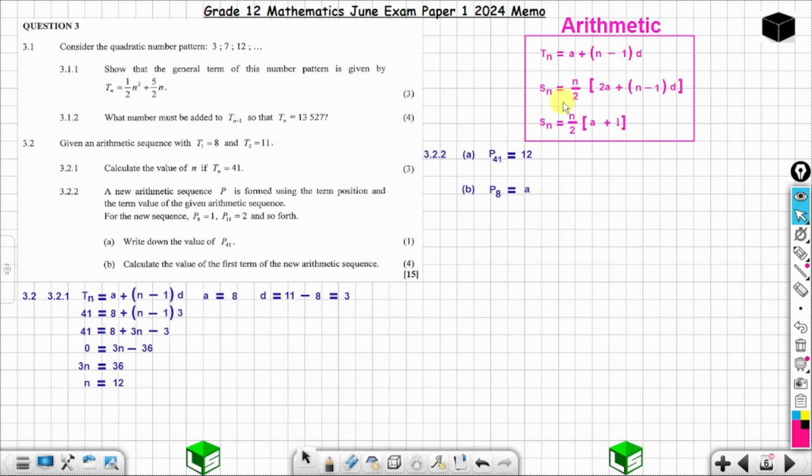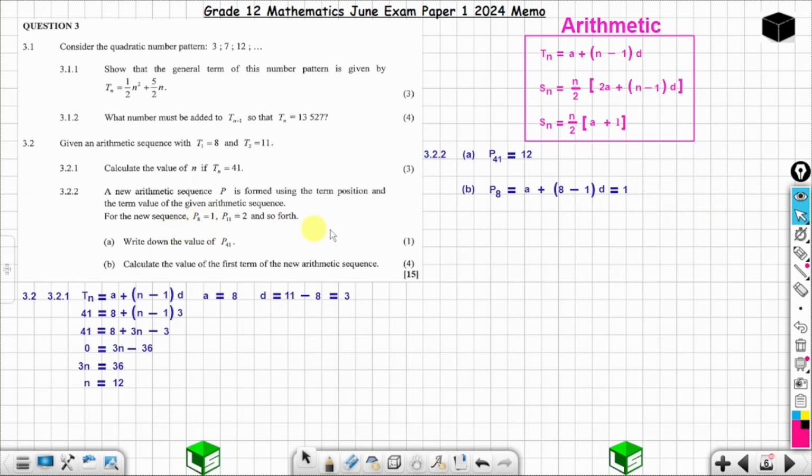So A plus, in bracket, n is equal to 8. P8, n is equal to 8 minus 1. You close your bracket. We don't have D. This is equal to P8 is equal to 1.